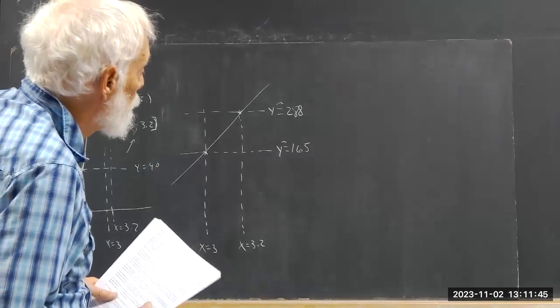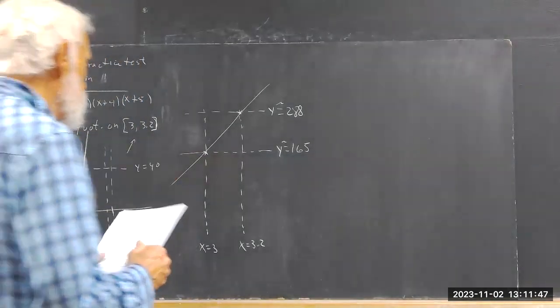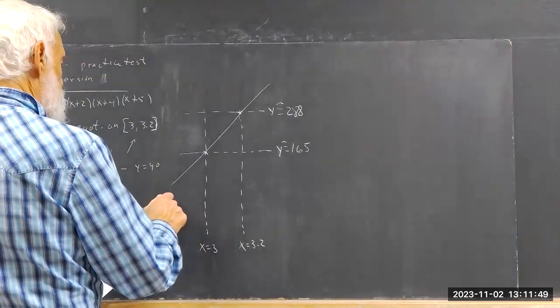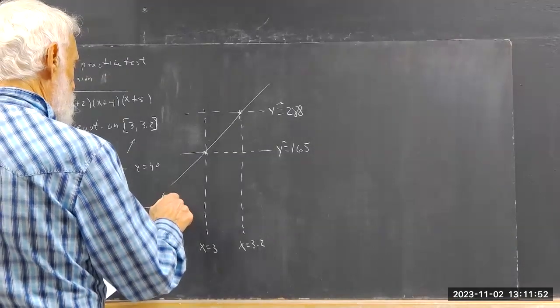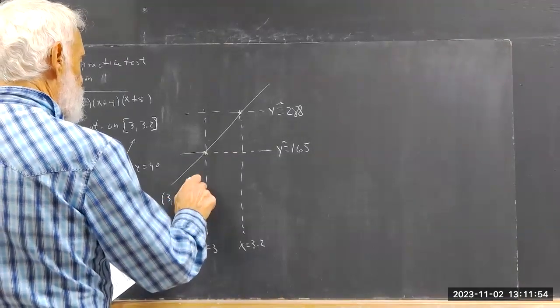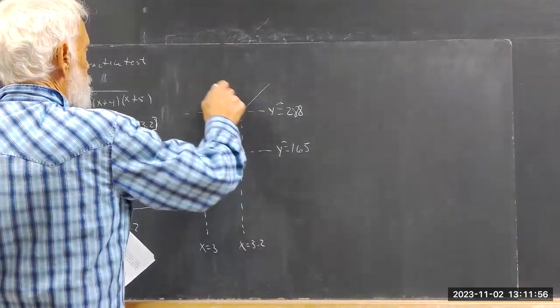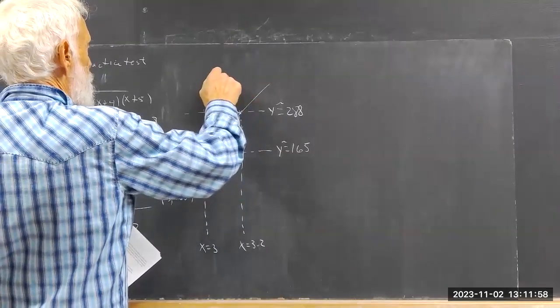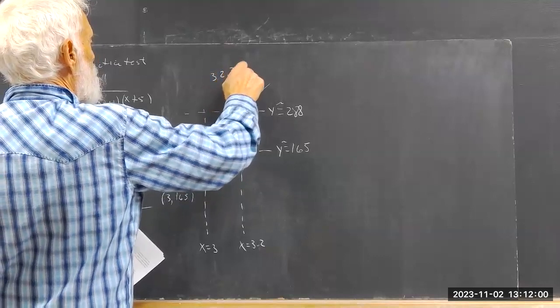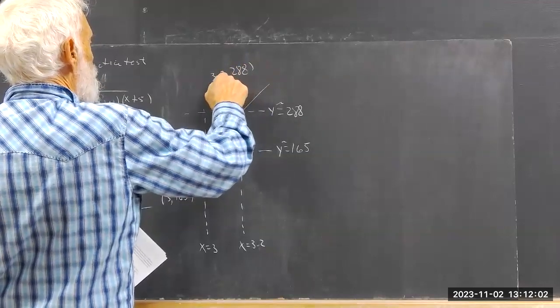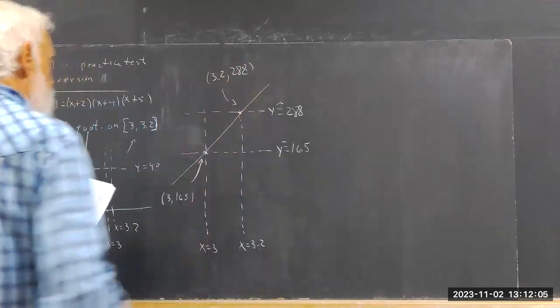Okay. So this point is on the graph, and this is 3.2, 288.